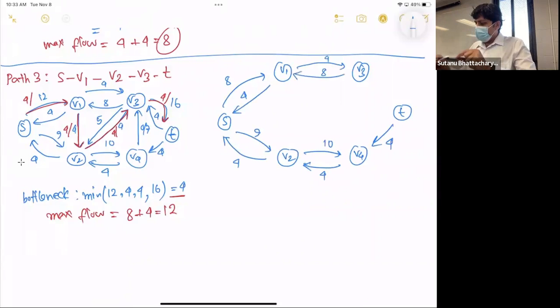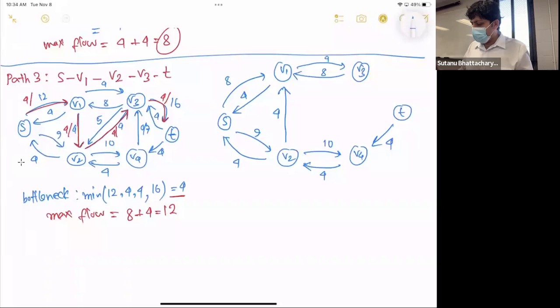Now notice, previously V1 to V2, what is the forward edge? 0. That means it is fully occupied. It is saturated. That means we will have only the back edge with flow 4. Is this clear?